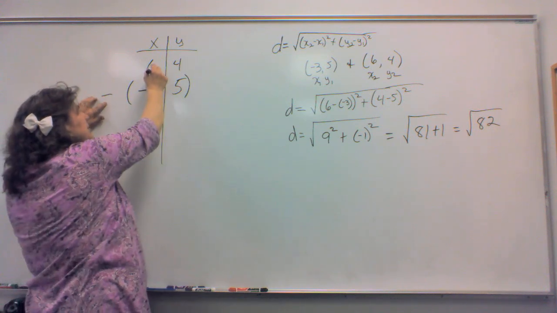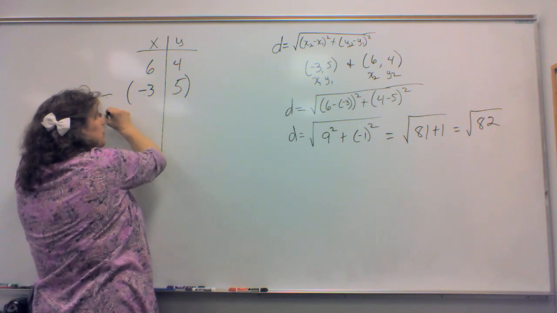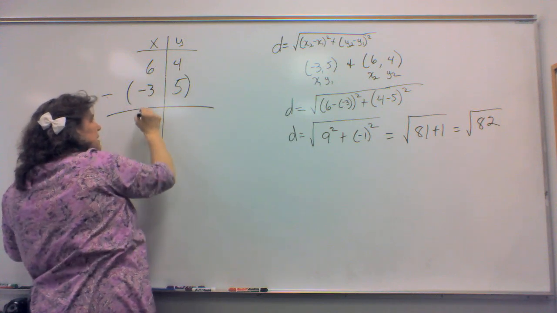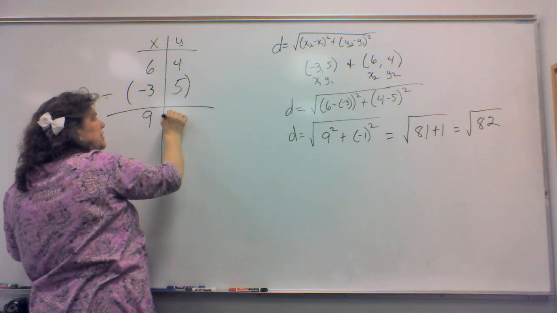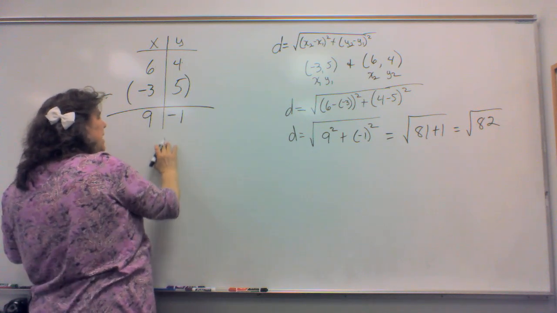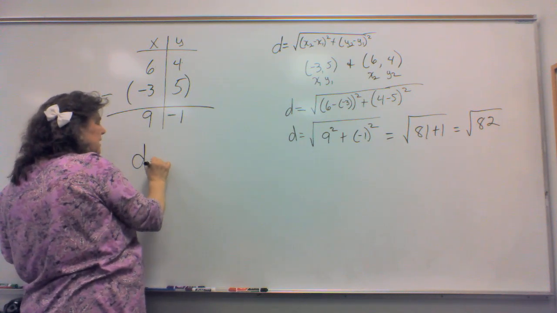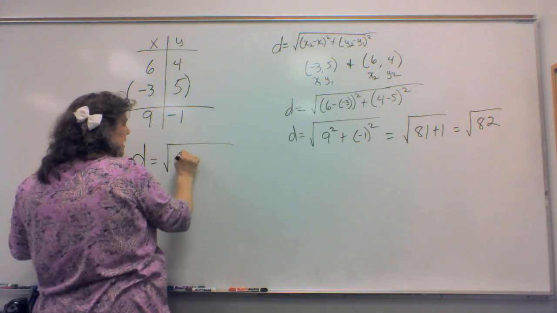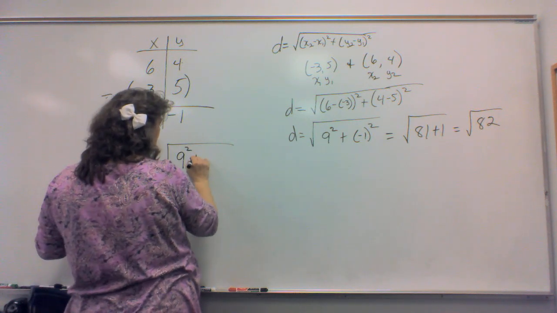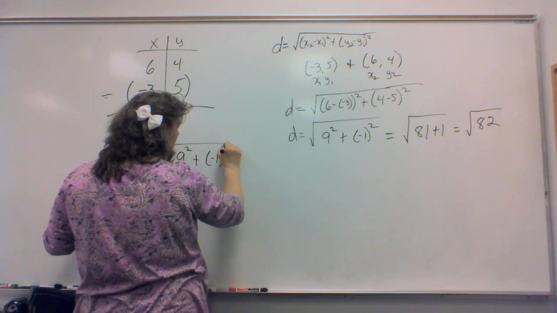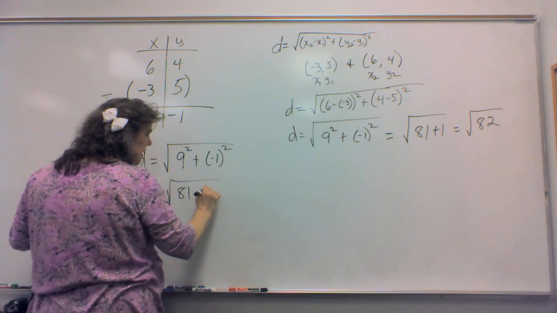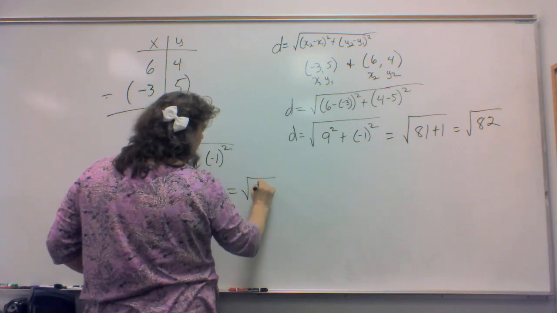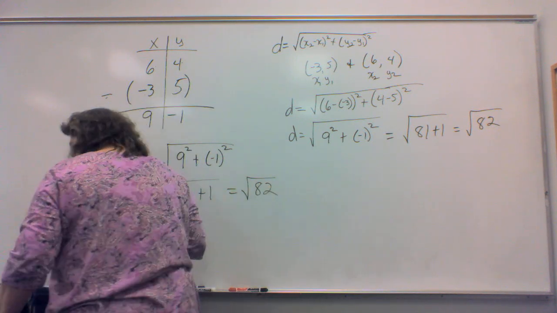So now we're going to go 6 minus a -3, which gives you 6 plus 3, which is 9. 4 minus a 5, which is -1. Now you put these in your formula. So 9 squared plus -1 squared, which is equal to 81 plus 1, which is the square root of 82.